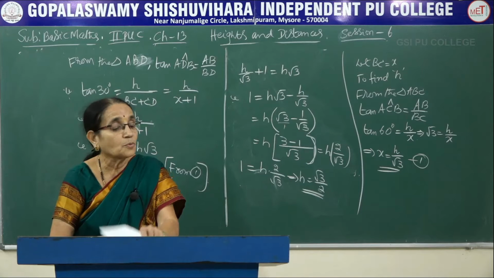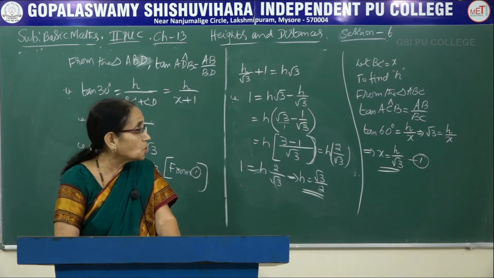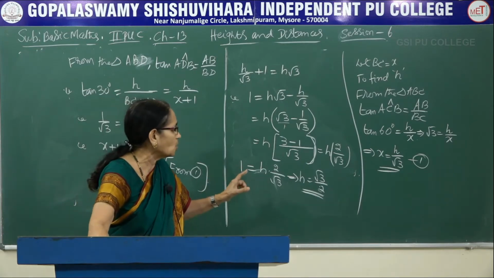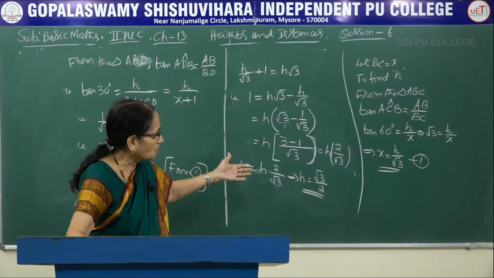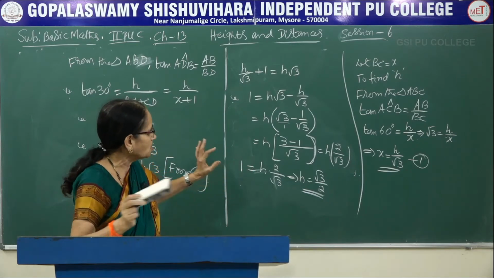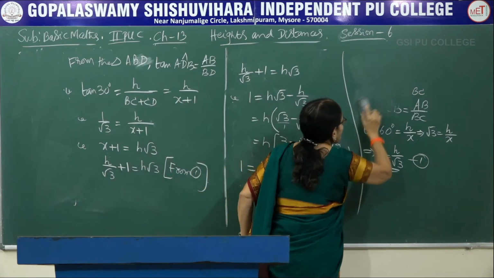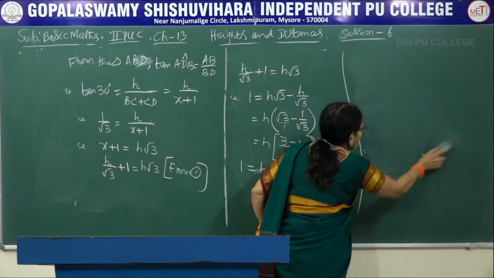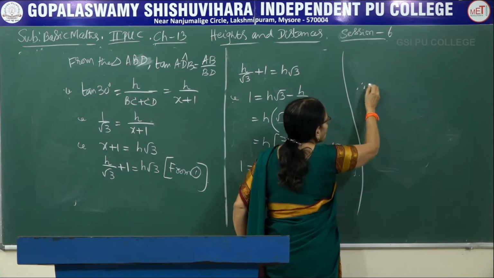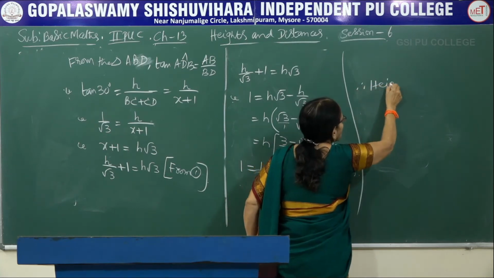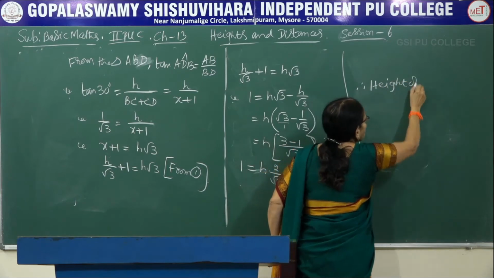You need not calculate the exact value of root 3. It's 1 point something, you need not write that. You write the number as it is, but write the answer in a sentence. Therefore, write the height of the hill.